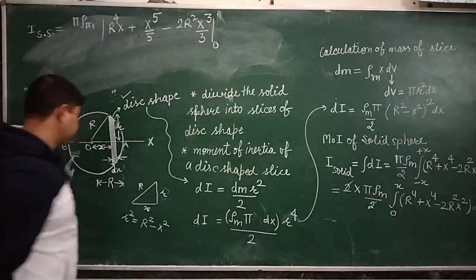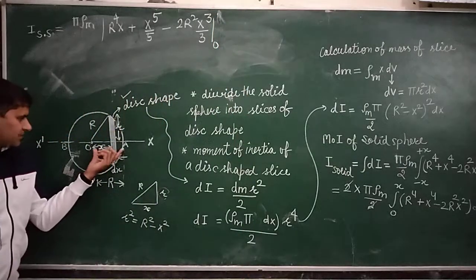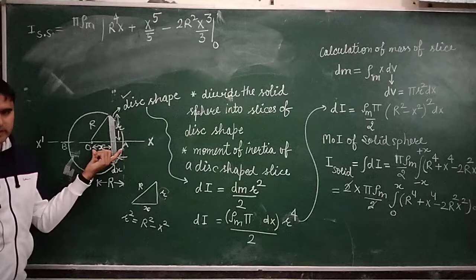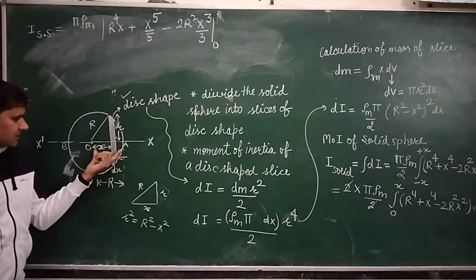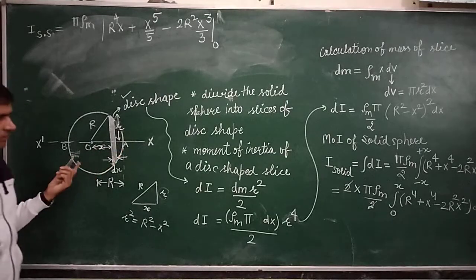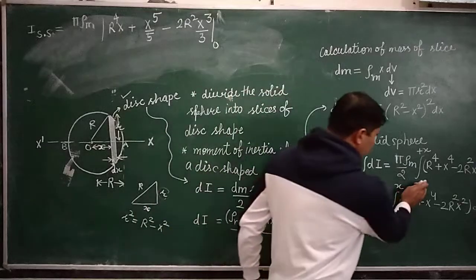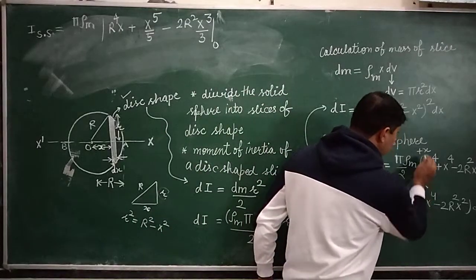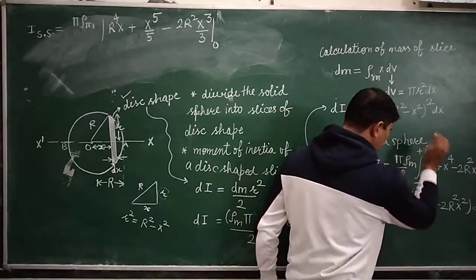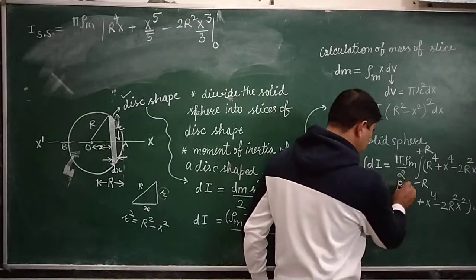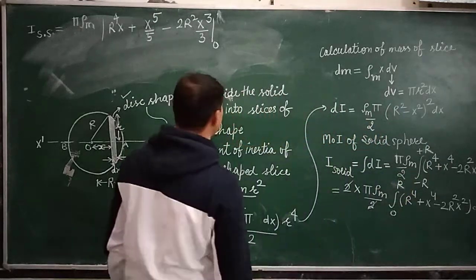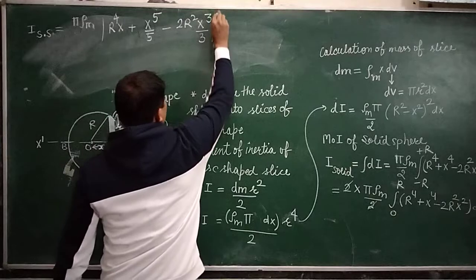And the limits are, you see here. What is the maximum value of x? This is the radius. So the limits of integration will be from minus r to plus r. So you are to change it to minus r to plus r. This is one more thing which you need to keep in mind.